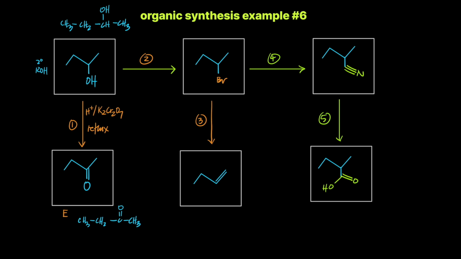So outside the box, if I have space, I'll draw the structure also. Okay, that's E. It's a ketone now. So you went from a secondary alcohol to a ketone, and this kind of reaction is, and I'll write that in white, oxidation. Now reaction number 2 is substitution.